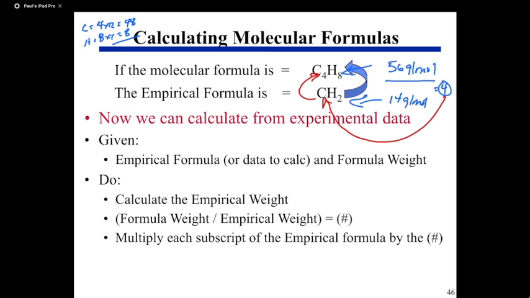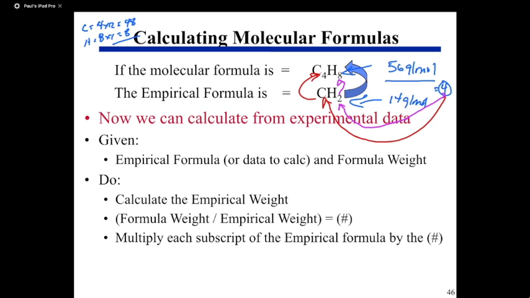And if I take this 4 and multiply it by that number, 4 times 2 is 8. So what you're going to be given is this number here as a given entity. And you're going to be given at least this or data to get this, because you just learned how to do that, so that I can get this one.